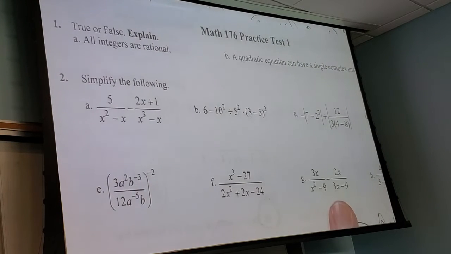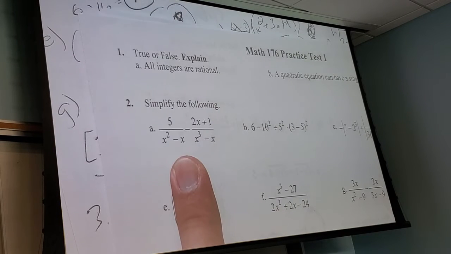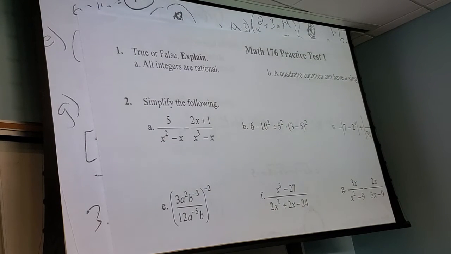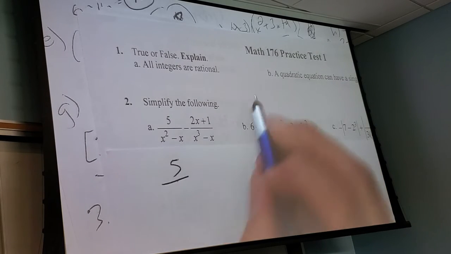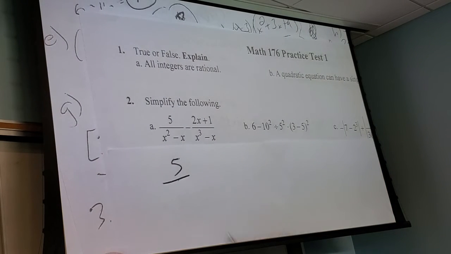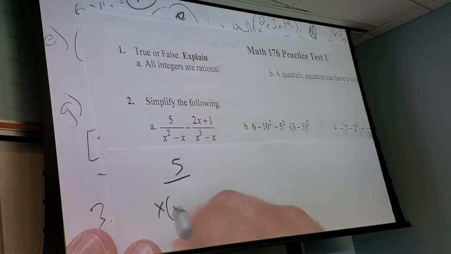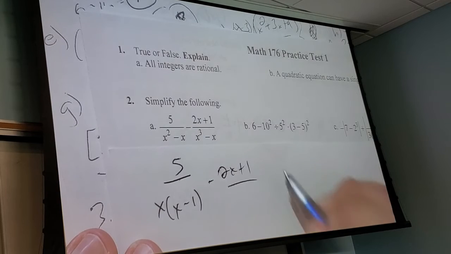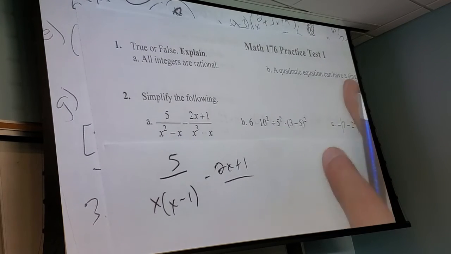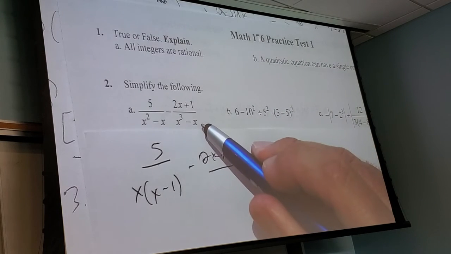So what did we do to get two fractions put together? Yeah, factor the bottom so you can see what they have. We can make them show us what they are working with. How do you factor the bottom of this other guy?